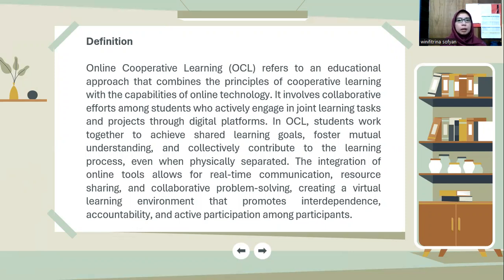Even when physically separated, the integration of online tools allows for real-time communication, resource sharing, and collaborative problem solving, creating a virtual learning environment that promotes interdependence, accountability, and active participation among participants.